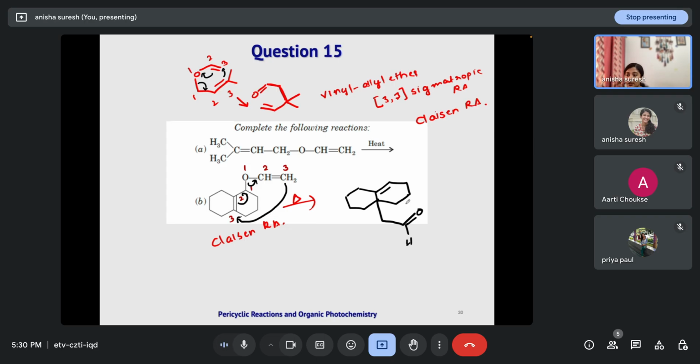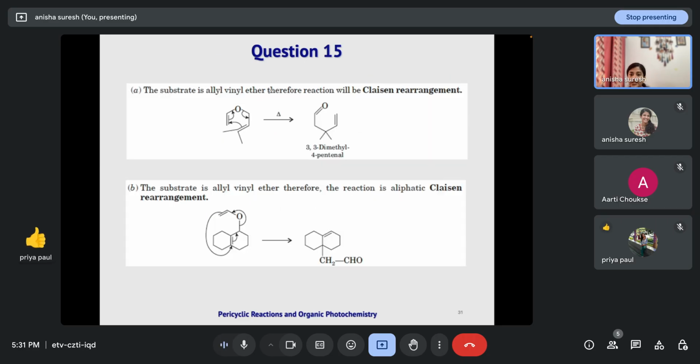So both these are examples of Claisen rearrangement, which is a part of 3,3 sigmatropic rearrangement. For identifying if it is a Claisen rearrangement, the system should have an allyl vinyl ether. So this is the explanation. The substrate is allyl vinyl ether. Therefore, the reaction will be a Claisen rearrangement.